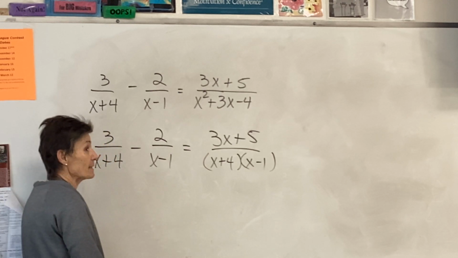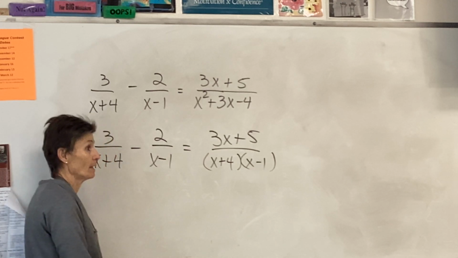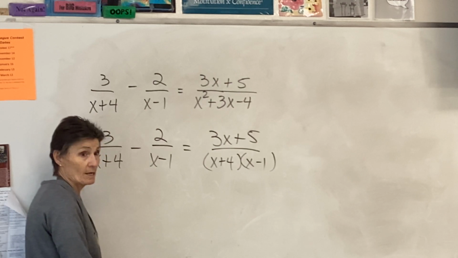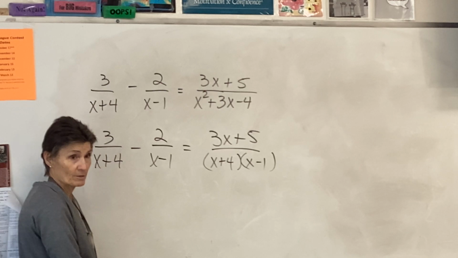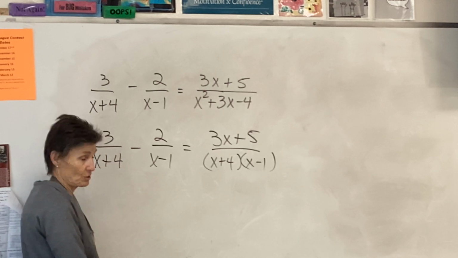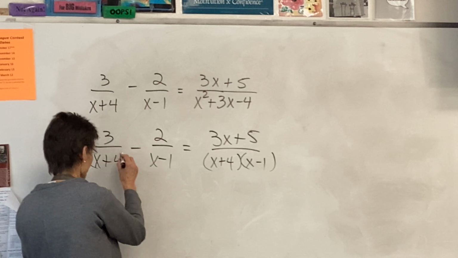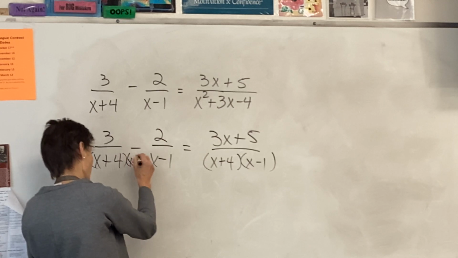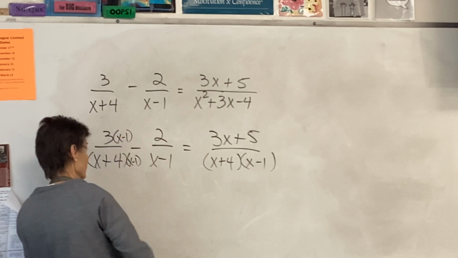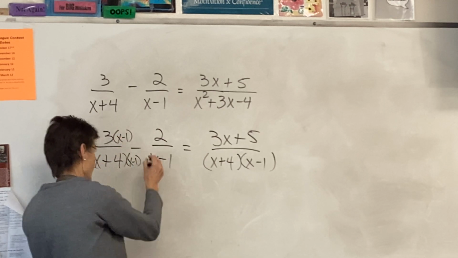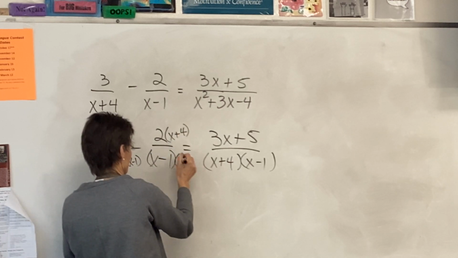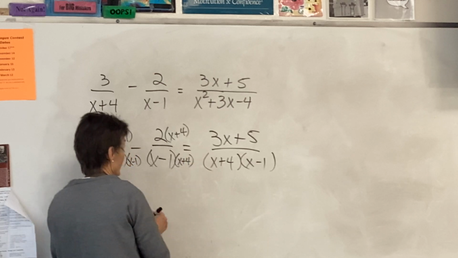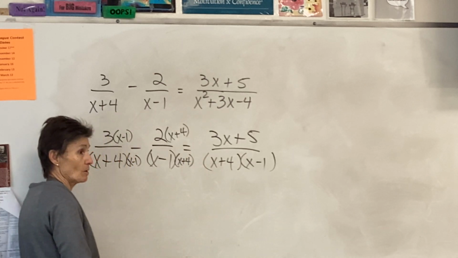Well, now wait, I can't cancel anything until I make all the denominators the same, right? Don't just start crossing off denominators, they all have to match. So this one needs an x minus 1. This one needs an x plus 4. And that one doesn't need anything because it already matches.